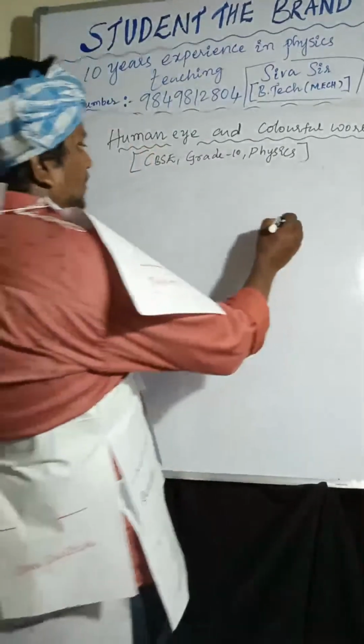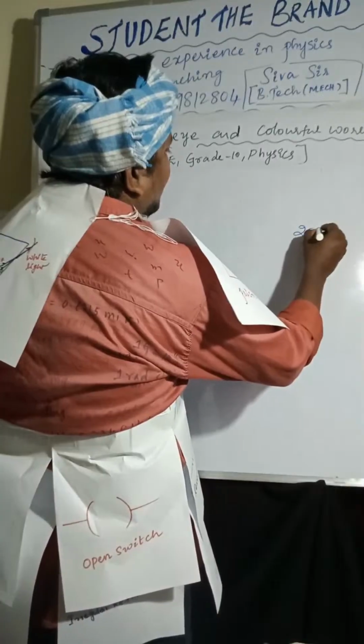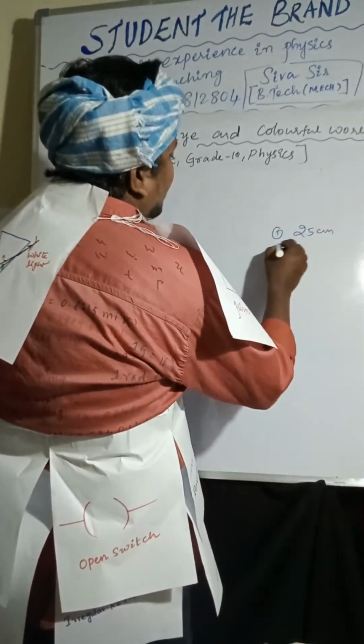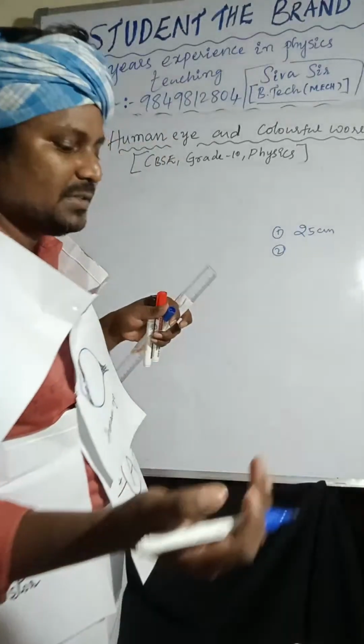For a healthy, normal person, the near point is 25 centimeter.